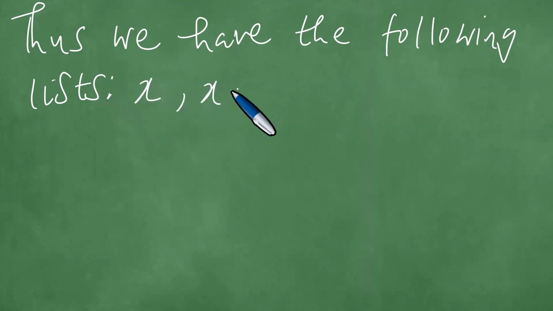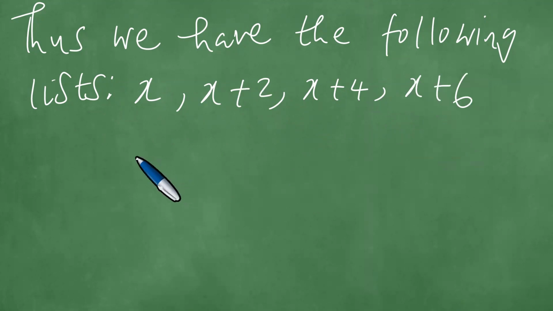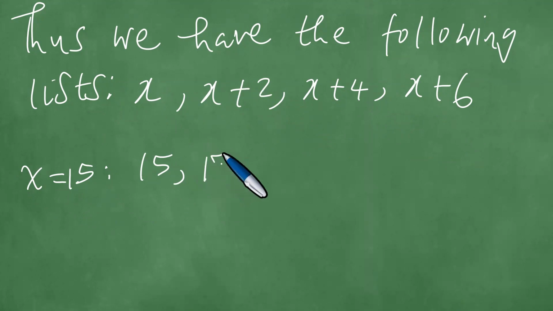Those numbers were x, x plus 2, x plus 4, and x plus 6, with x equals 15. So we have 15. You add 2, it becomes 17. You add 4, it becomes 19. And you add 6 to 15, it becomes 21.